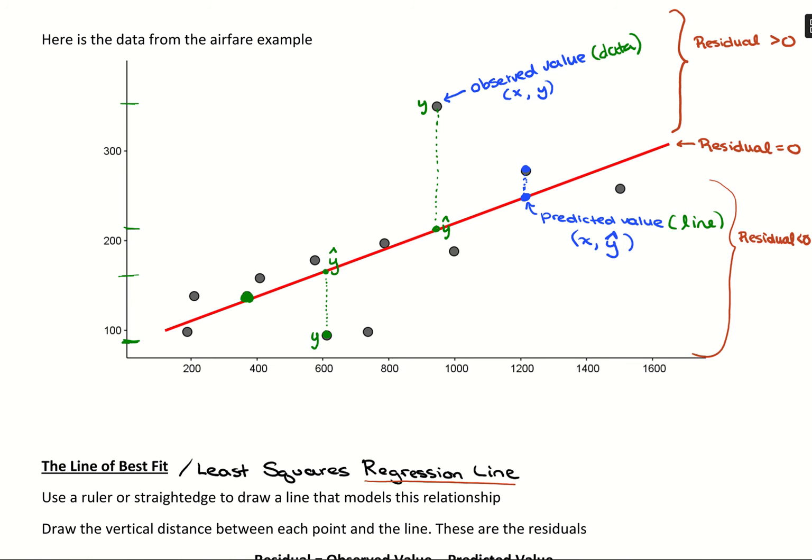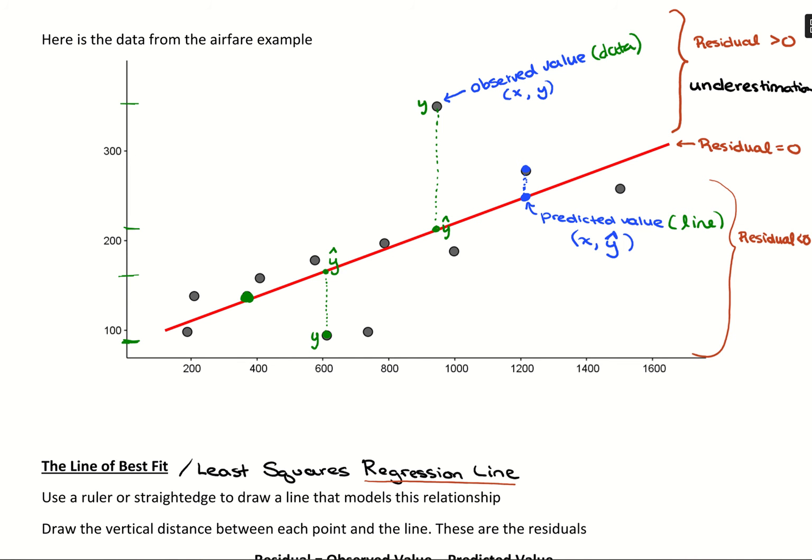I went to pay for my ticket, and actually I had to pay over $300. In that case, the line underestimated what was happening. They told me something much lower than what actually occurred, which isn't a great scenario. So if you get a positive residual, that links to the line underestimating.